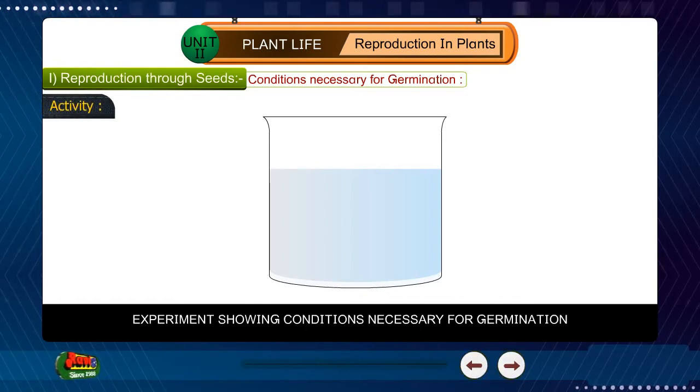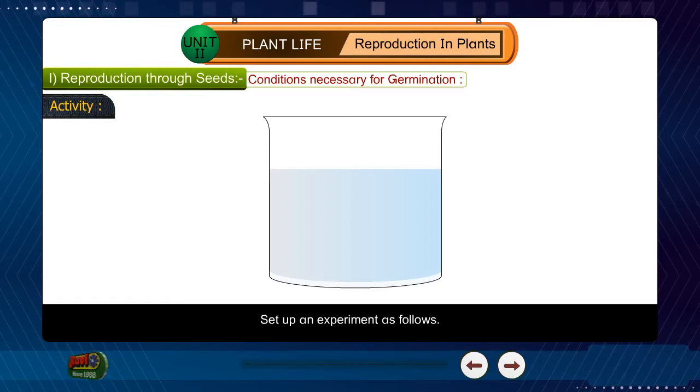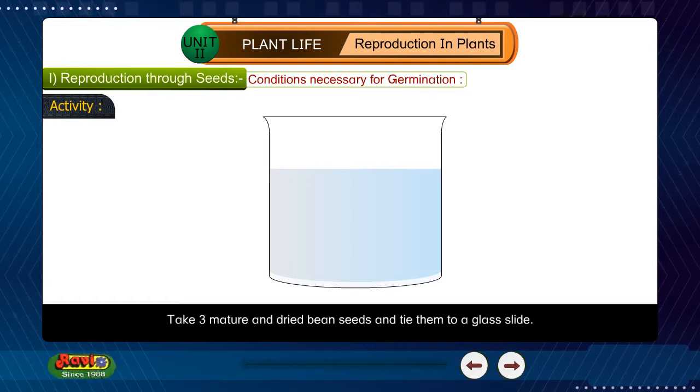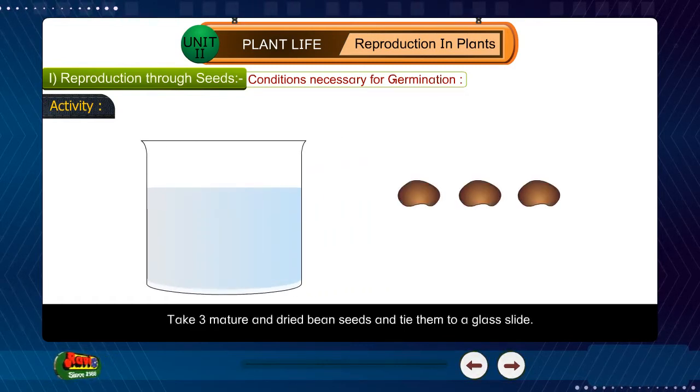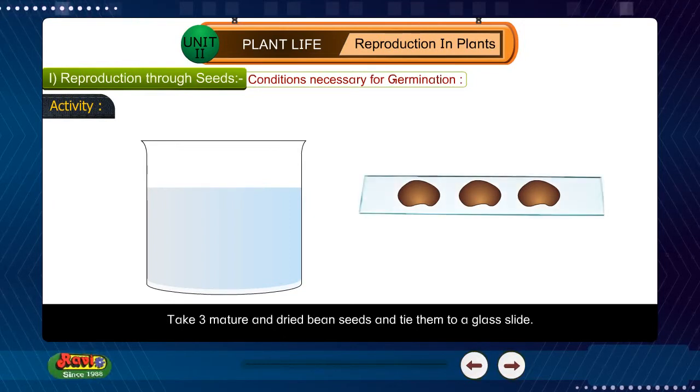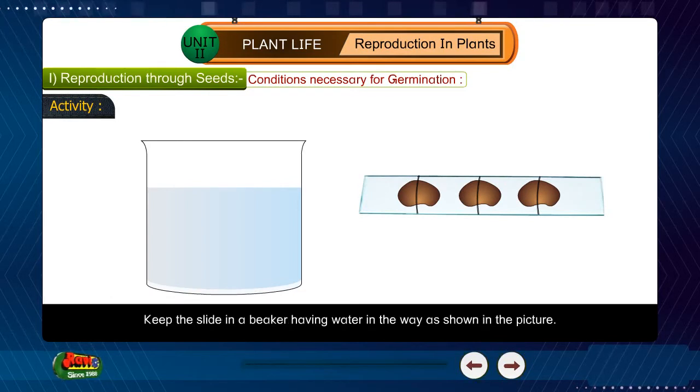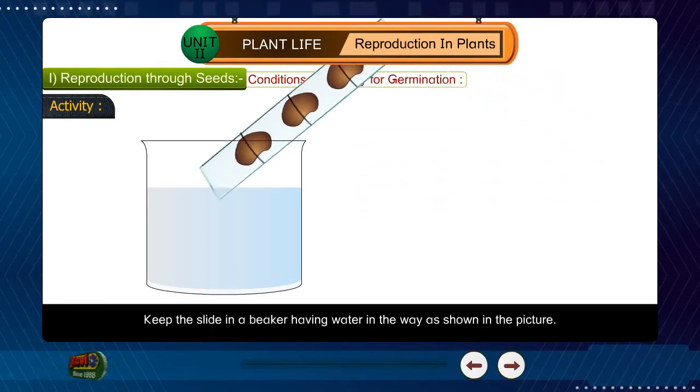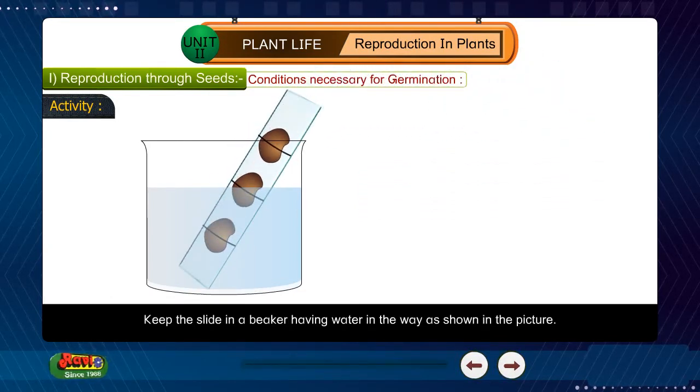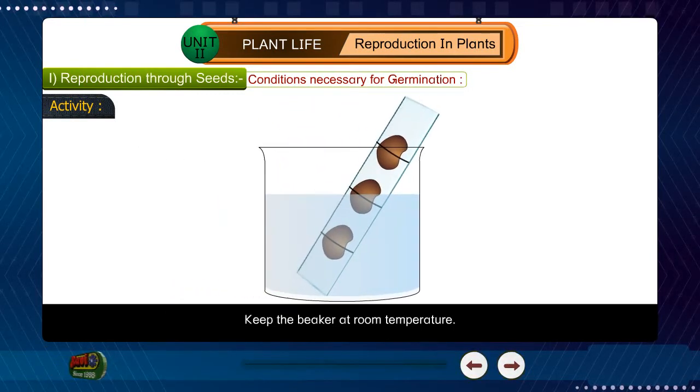Activity. Set up an experiment as follows. Take 3 mature and dry bean seeds and tie them to a glass slide. Keep the slide in a beaker having water in the way shown in the picture. Keep the beaker at room temperature.